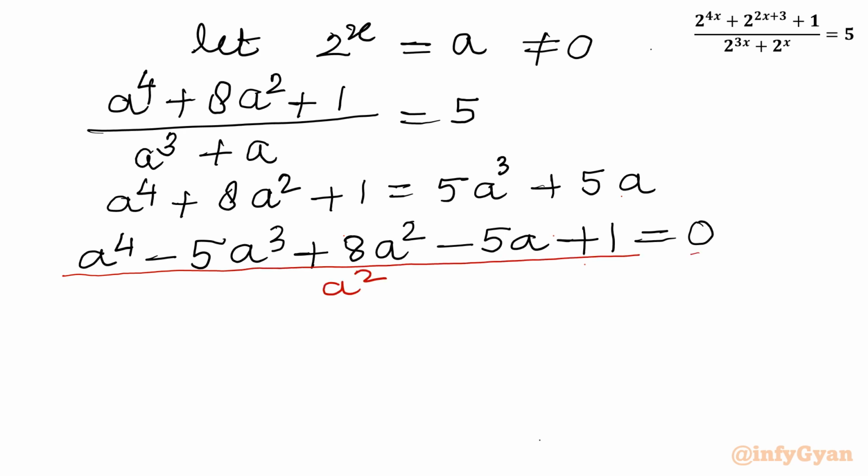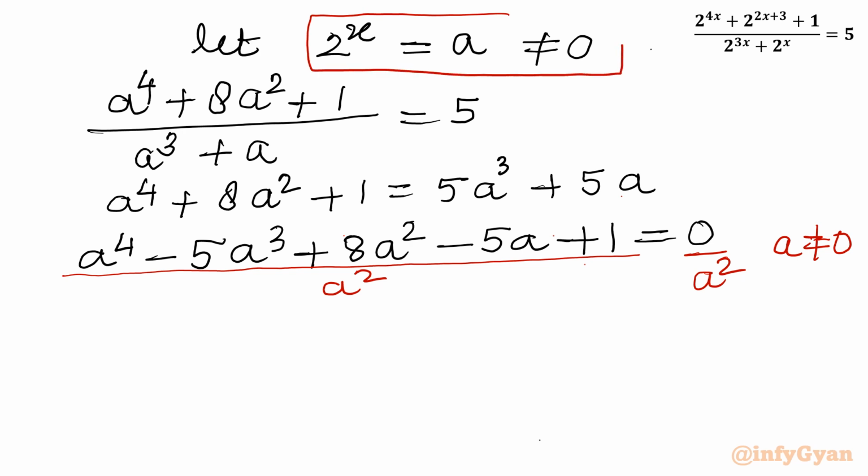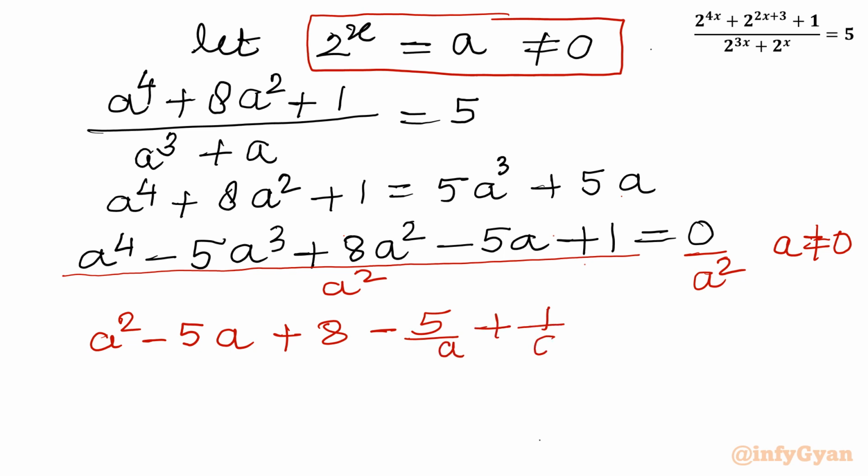a^2, this side also a^2, and a is non-zero. Now the equation will become a^2 - 5a + 8 - 5/a + 1/a^2, and the right-hand side will be 0.